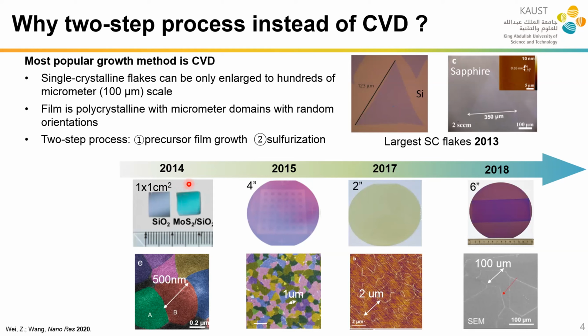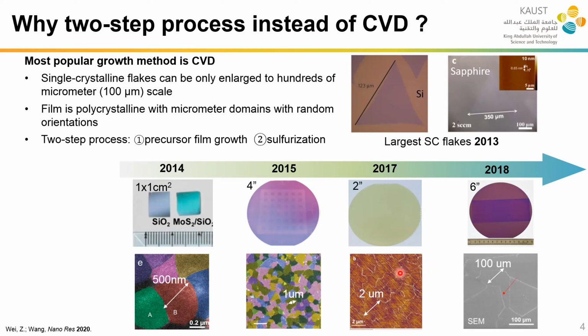Since 2014, people started trying to enlarge the 2D material film size, and until now there have been many CVD growths of 2D moly-sulfide. From 2014 to 2018, we can see the size keeps increasing, but they all face a common problem.